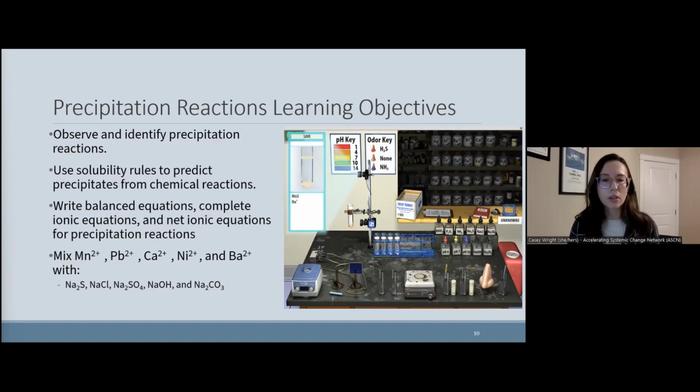They were once again in that Beyond Labs general chemistry environment. In this lab, what they could do was mix ionic solutions together and then observe whether a precipitate formed. So in that viewing window up in the upper left-hand corner, you're seeing a precipitate in a test tube.